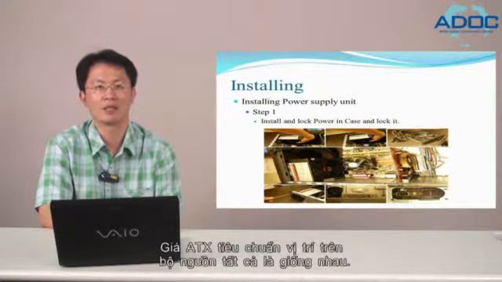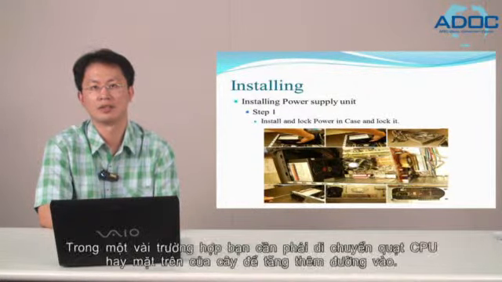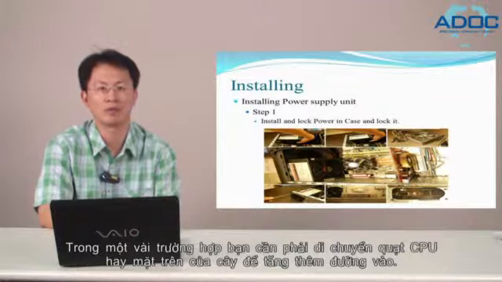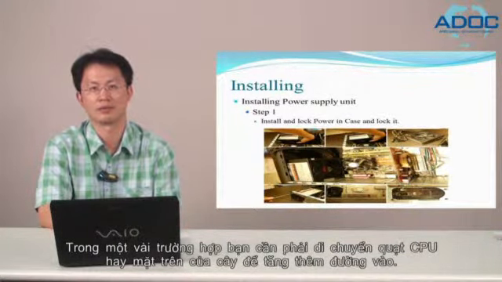The standard ATX mount points on the power supplies are all the same. In some cases, you may need to remove the CPU coolers or the top of the case to gain full access.